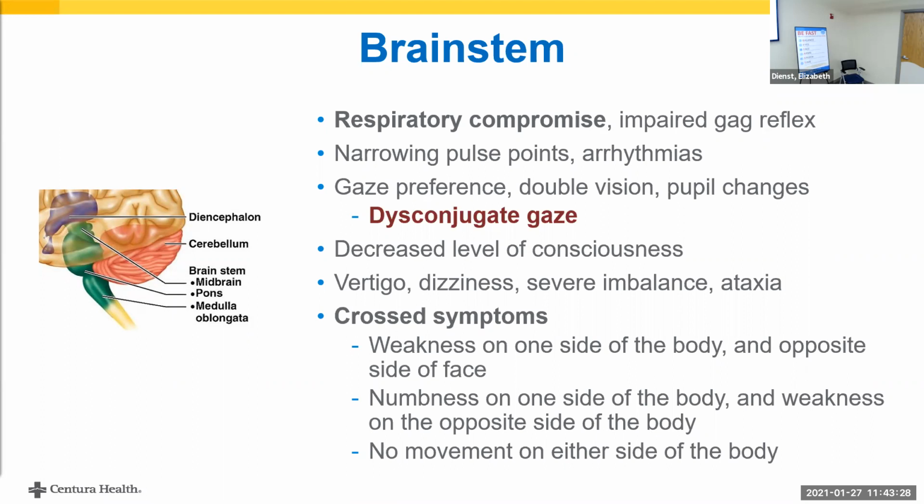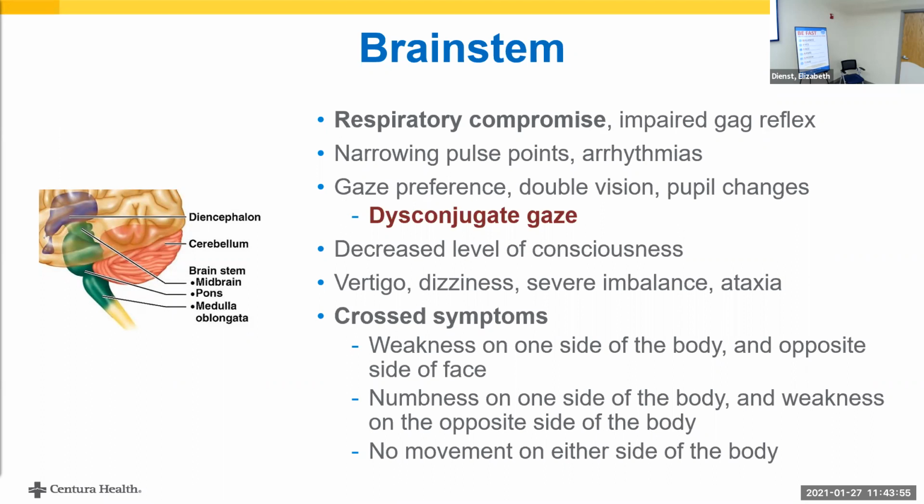They have the pinpoint pupils, they'll have arrhythmias, they will have gaze preferences and double vision, pupil changes, and discontinuous gaze. So the biggest thing is you'll see one eyeball going one way, one going straight, or you won't see them moving. They'll be very different than when you see other eyeball issues.